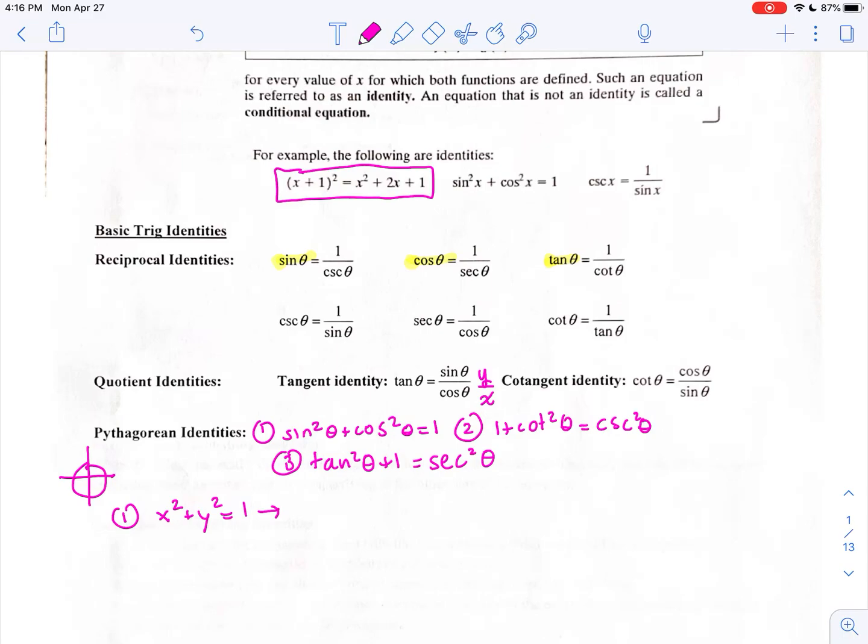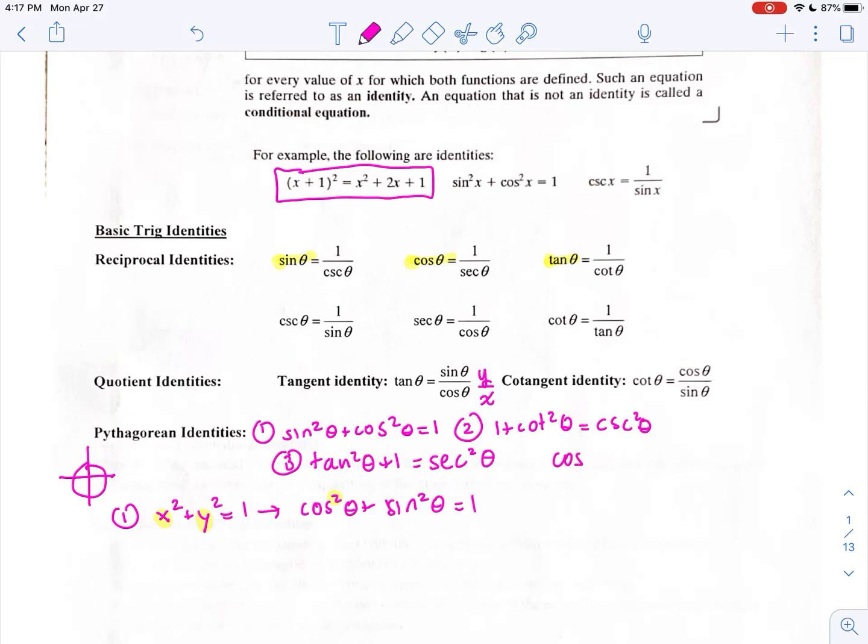We associate x with cosine, where cosine of theta is equal to x over the radius. In this case, the radius is 1. So if we replace the x with cosine and the y with sine, then we get our first Pythagorean identity. Cosine squared of theta plus sine squared of theta is equal to 1.